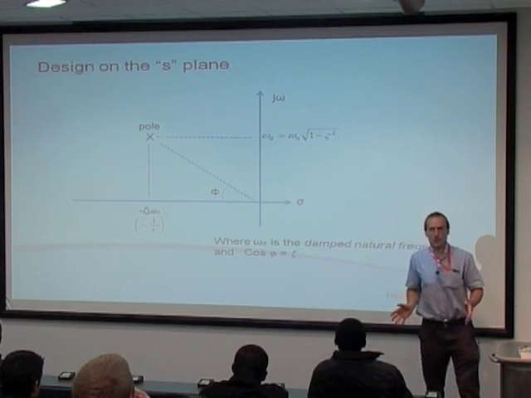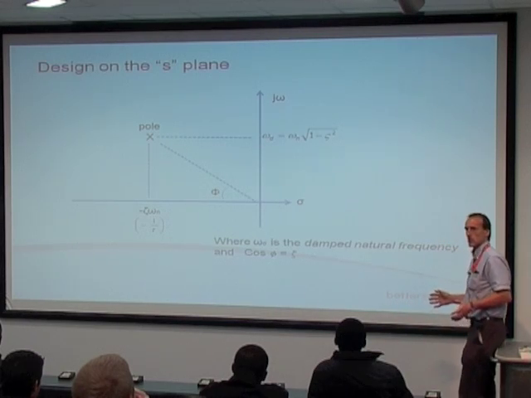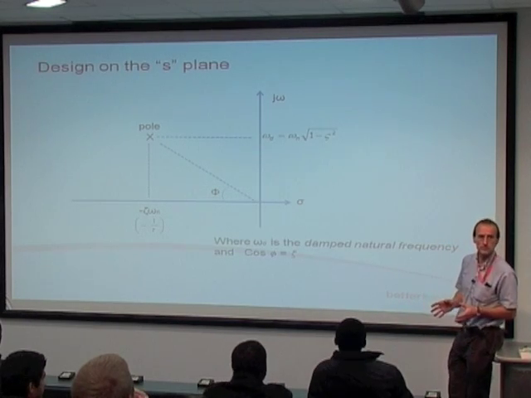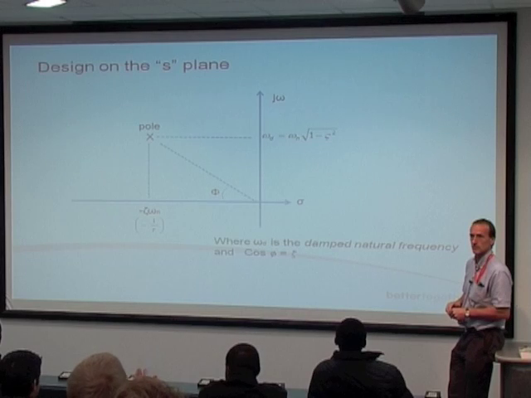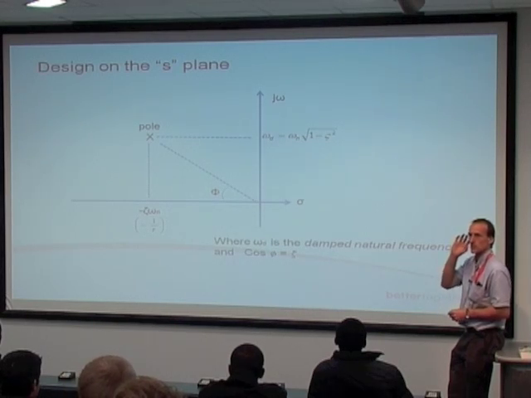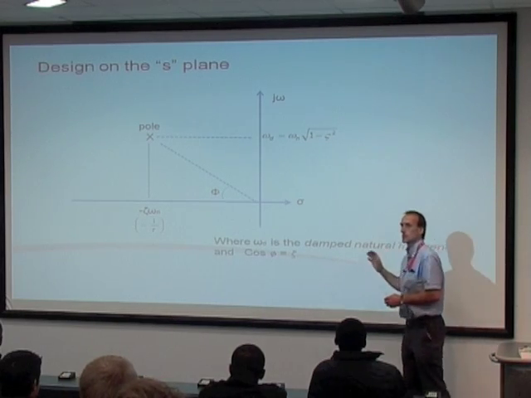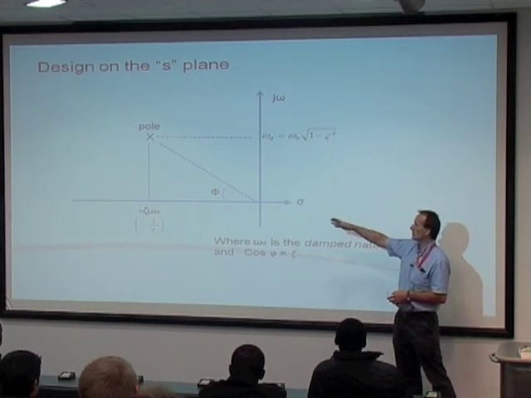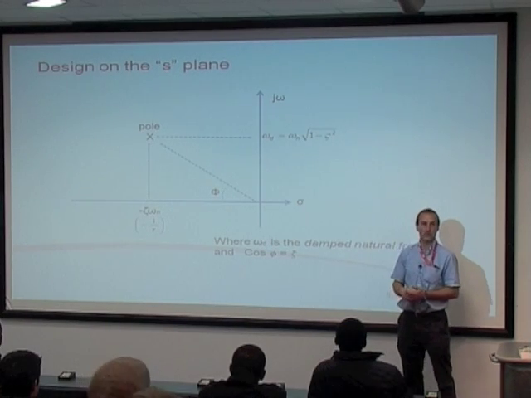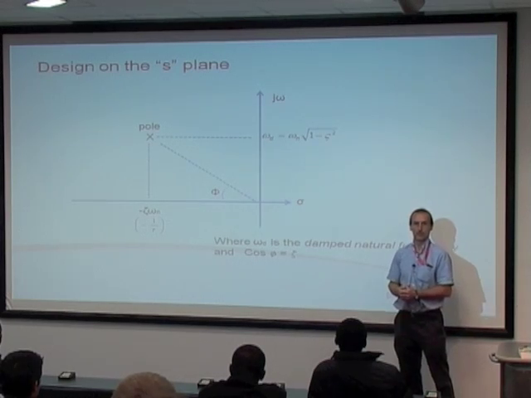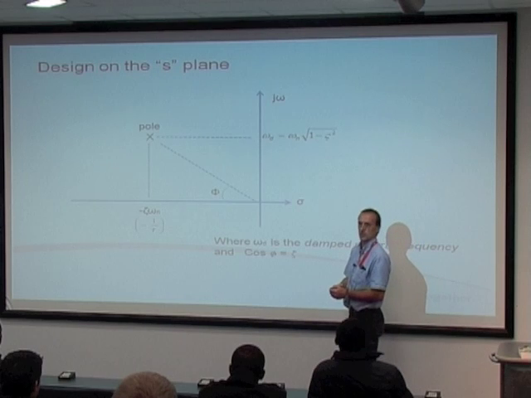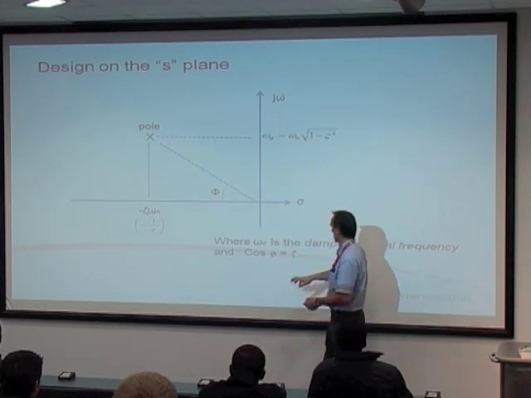Where does it end up when the damping ratio equals 0? Missed that, sorry. Somebody offered a suggestion. When the damping ratio equals 0, where has that pole travelled to? It's moving clockwise in an arc.